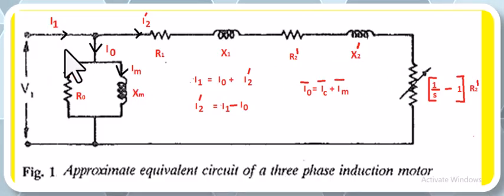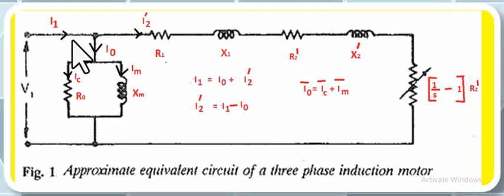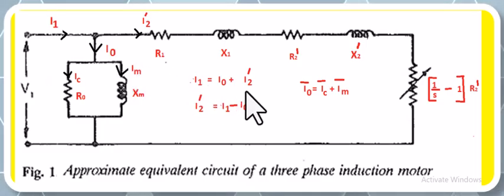From this we can see that I1 is equal to I0 plus I2 dash, and I2 dash is I1 minus I0, and I0 is IC plus IM. Here S is the slip, which depends on the rotor speed, and this (1/S minus 1) R2 dash is also called the dynamic resistance or dynamic load connected to the three-phase induction motor.